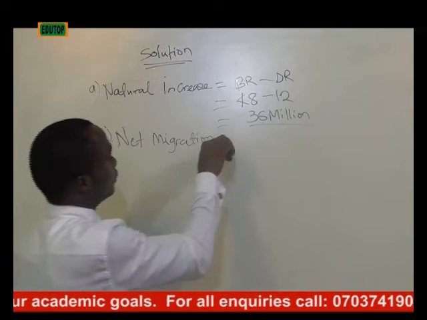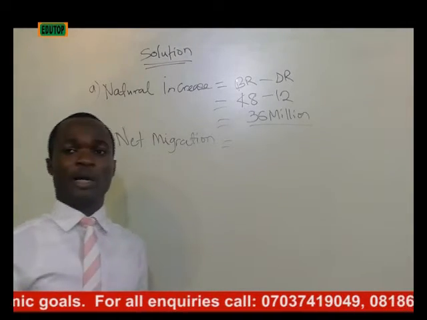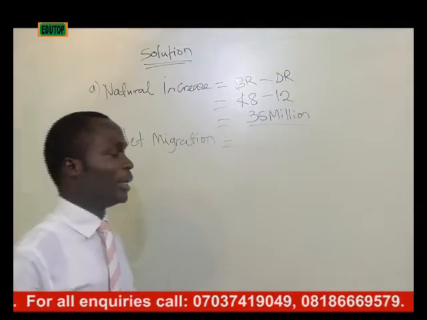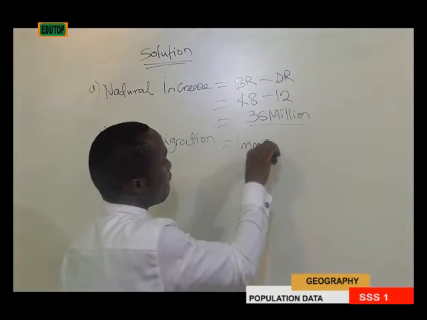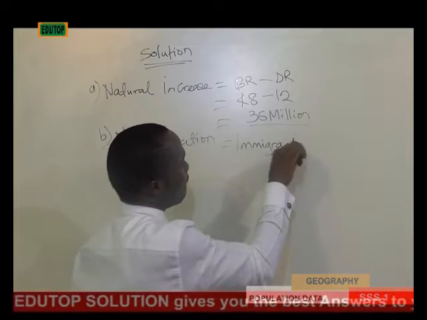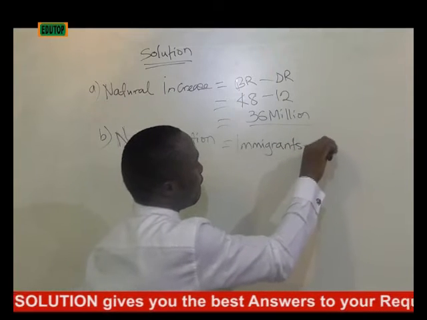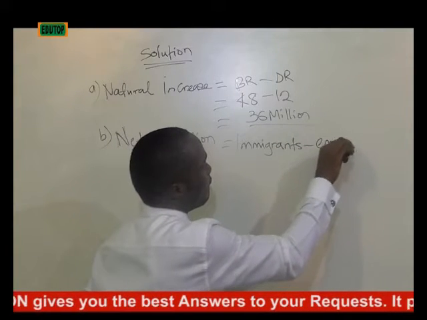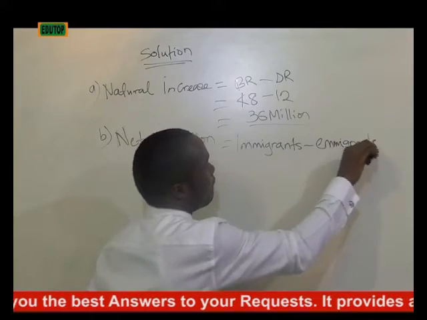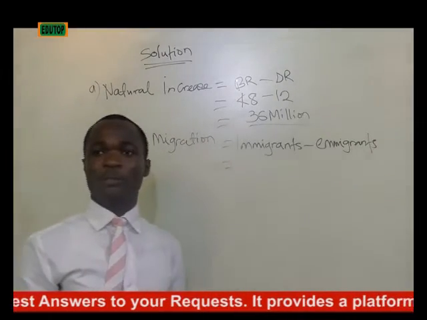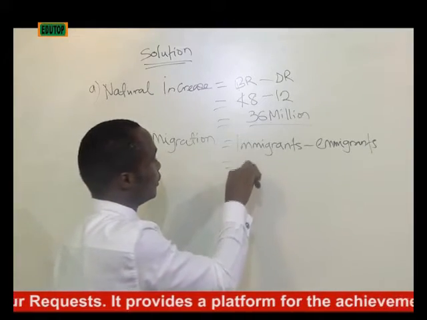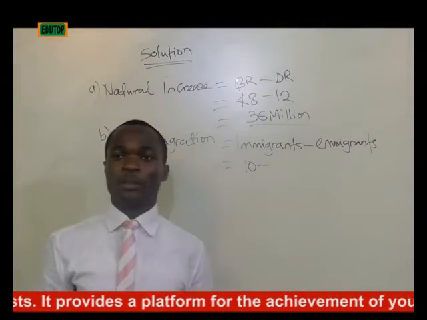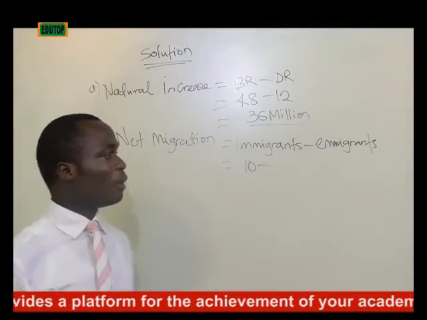Net migration, we said, is given by immigrants minus emigrants. That will be 10 minus 4 million.